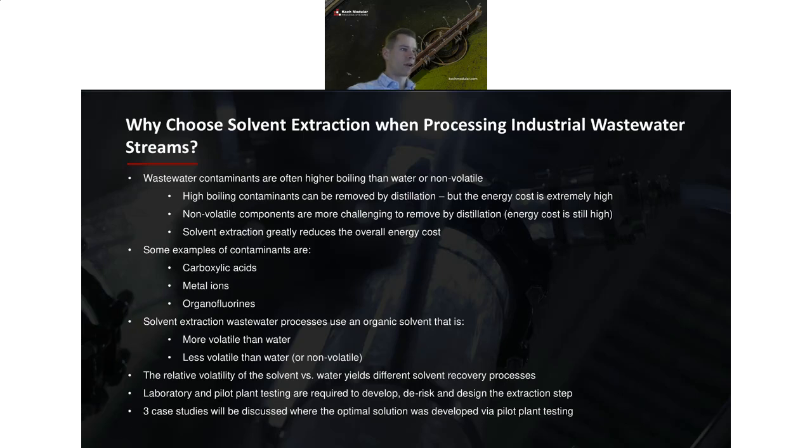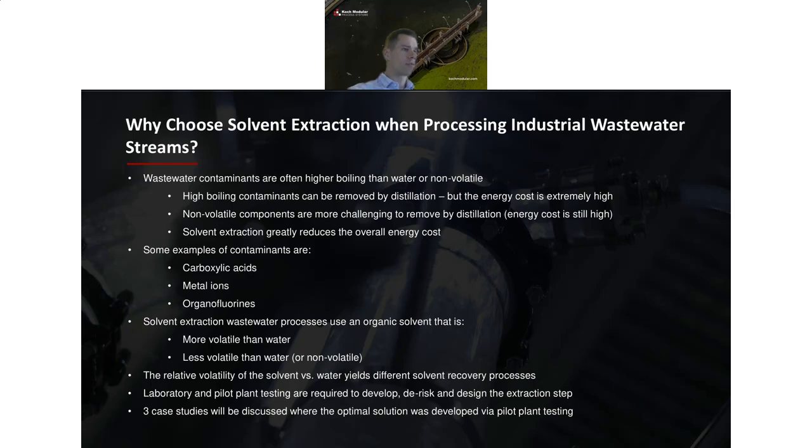So solvent extraction is a way to greatly reduce that overall energy cost. That's because the solvent recovery steps downstream of the extraction column generally require less energy than a distillation column or another similar unit operation like evaporation. Some examples of contaminants that we've seen in wastewater and designed processes around are carboxylic acids, metal ions, or organofluorines.